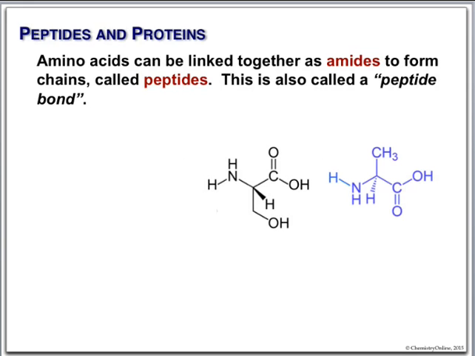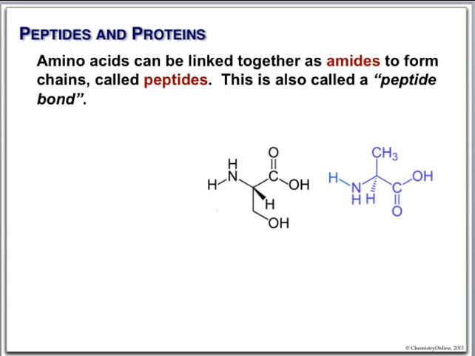These are two sample amino acids. Once again, they have the amine functionality, and they have the carboxylic acid. This also has a side chain like this. This one has a side chain that's just a methyl group.